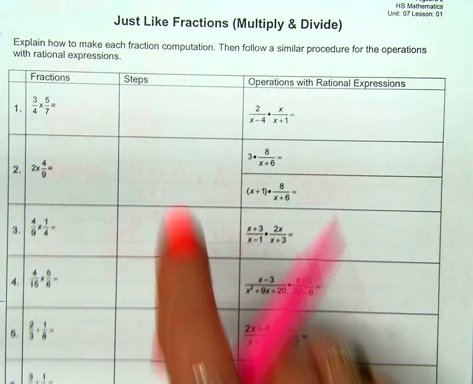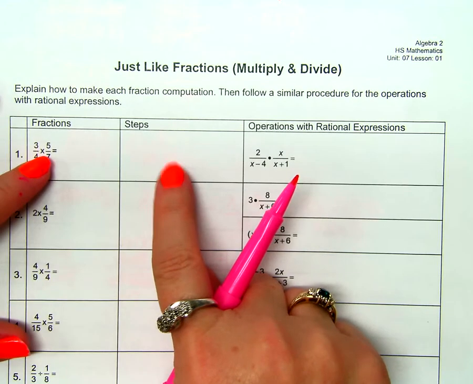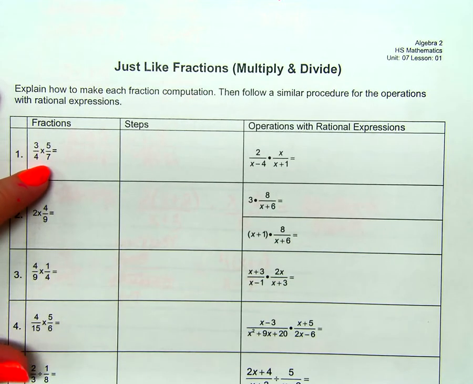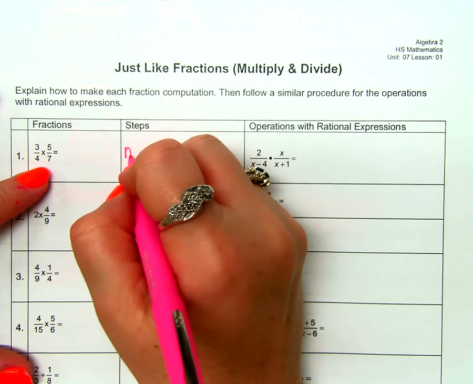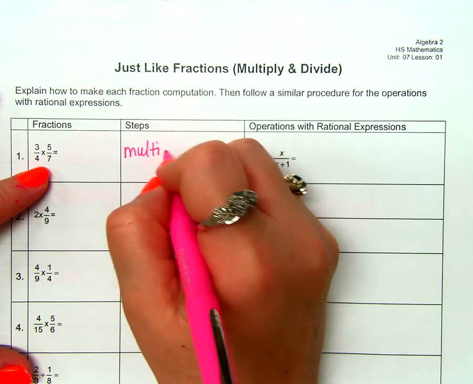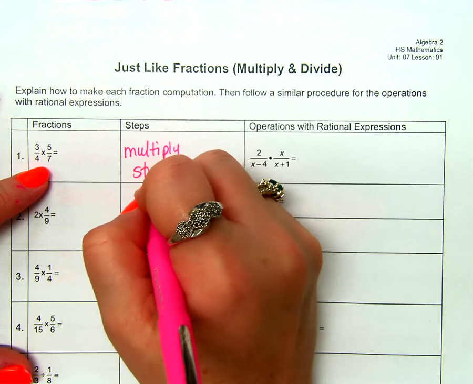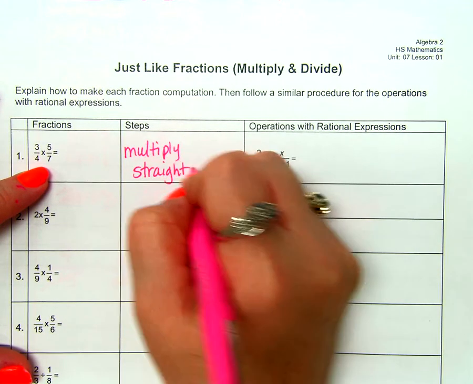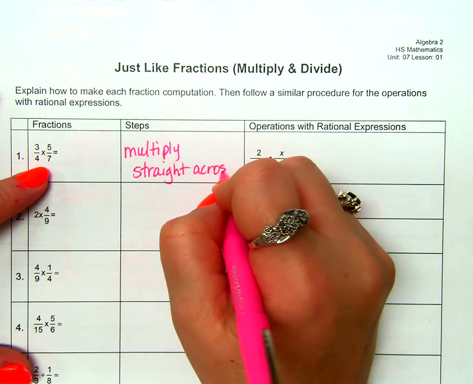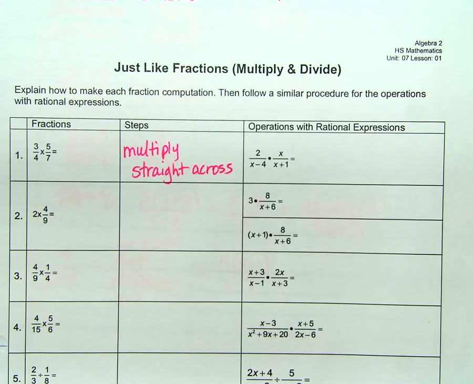Okay? What steps did we take on a problem like this? Multiply straight across. Excellent. What did we do on problem number 2?